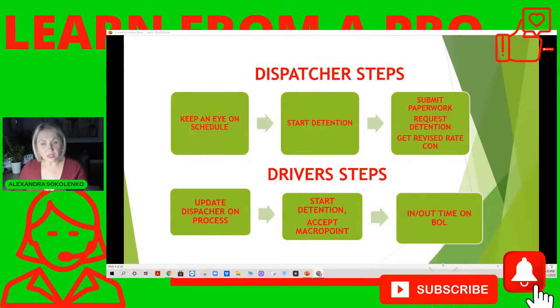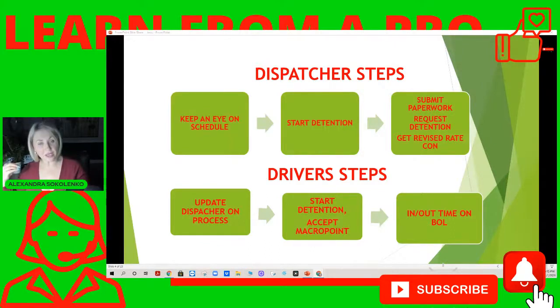Well, you need to submit paperwork, right? So now your BOL is becoming what? POD. We're going to see it on the next slide, right? It's becoming proof of delivery. So BOL is bill of lading with a stamp. After you delivered, it becomes POD.